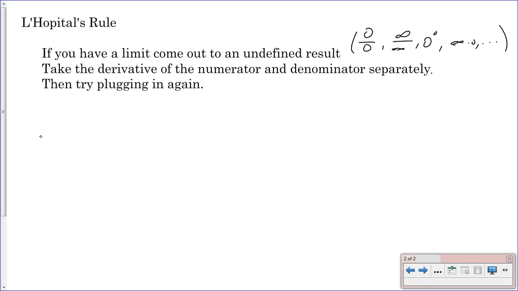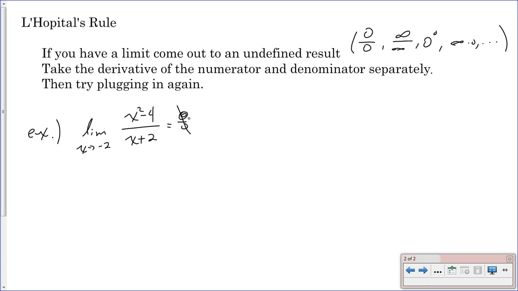Alright, so let's look at an example. We want the limit of x squared minus 4 over x plus 2 as x approaches negative 2. I'm going to do the normal method first, and then I'm going to show you L'Hopital's rule. With the normal method, we would get 0 over 0, so we couldn't do that.